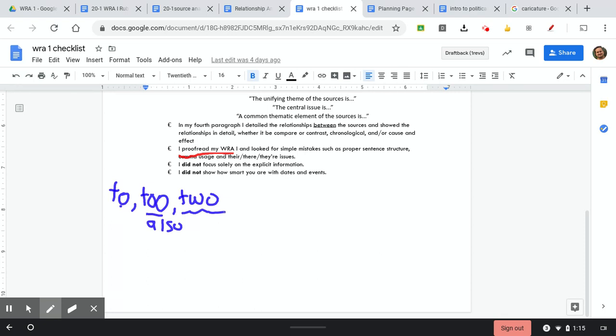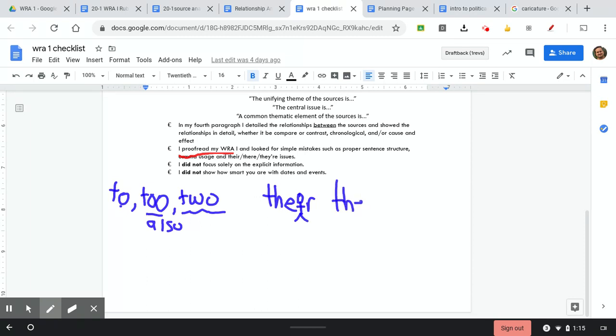This one you shouldn't screw up. That's a number. Other ones, there, their, and they're. This one gets me all the time. Like I read it all the time. One way to think of this one, look, now it's a person. Their house. It's possessive.